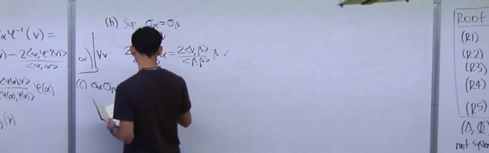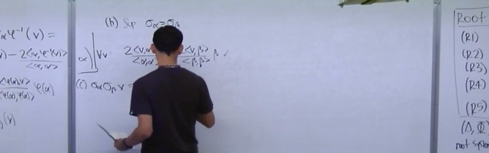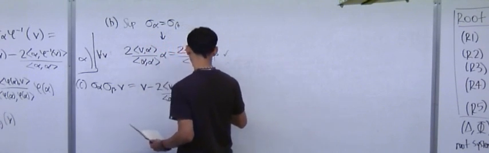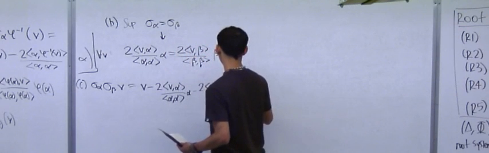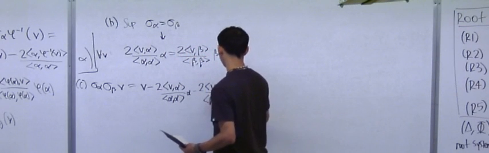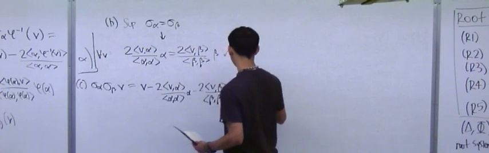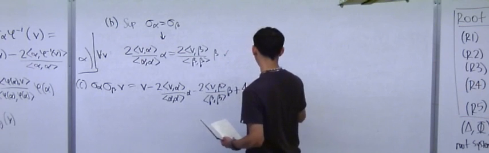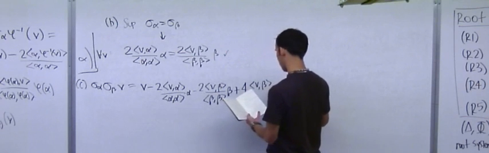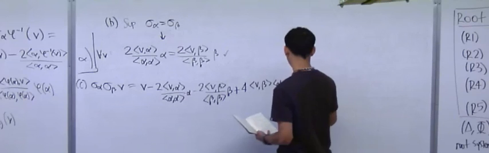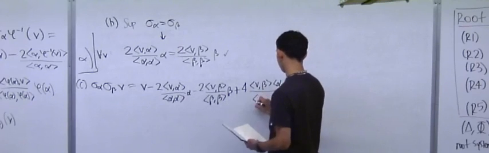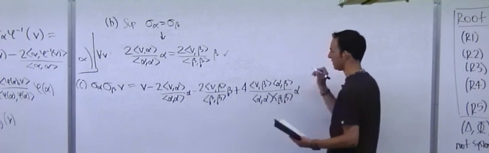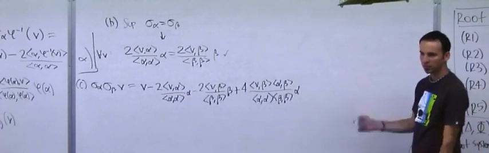You get v minus 2 times v alpha divided by alpha alpha times alpha minus 2 v beta divided by beta beta times beta plus 4 v beta alpha beta over alpha alpha beta beta times alpha. You just do it. Okay, this is what you get.